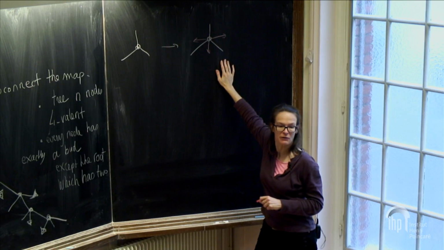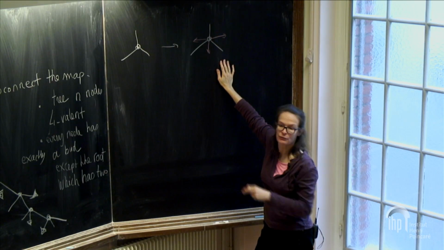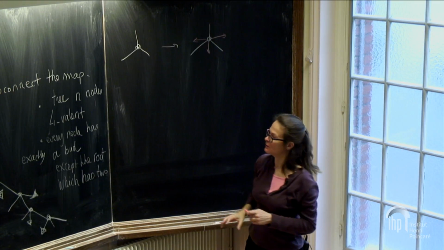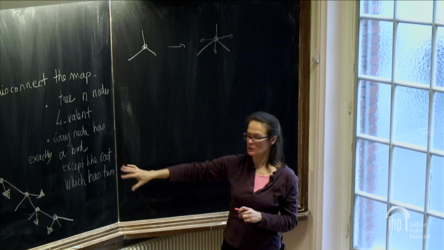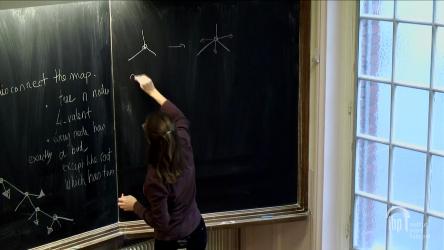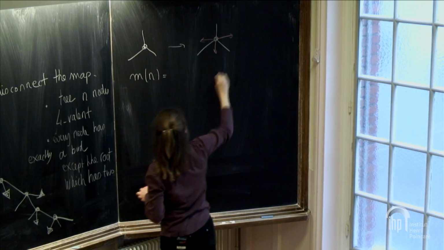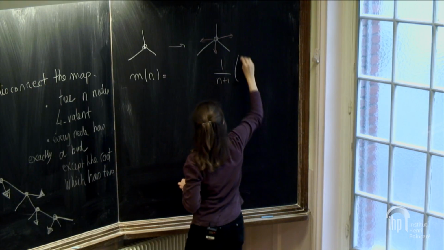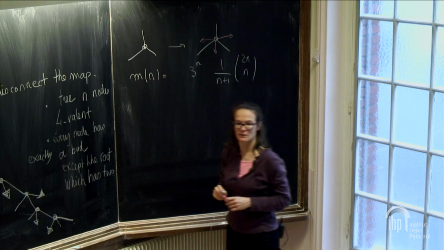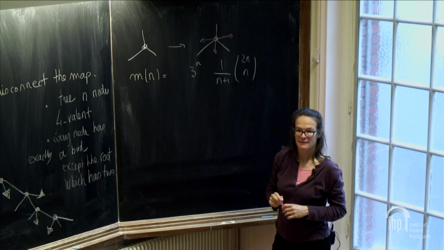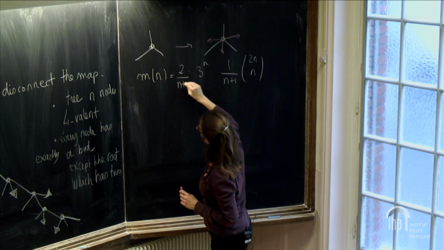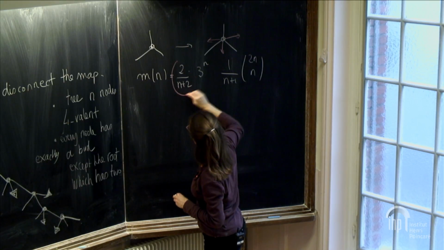So here you get a smell of the 3 to the n that we have in the formula. So if these were the only conditions, and if this was a bijection between those trees with buds and maps, you would get something like m of n is, I take a binary tree, and I have this decoration on every vertex. And this is not true, and the question is where does this factor come from?